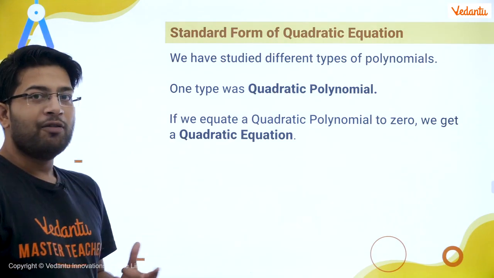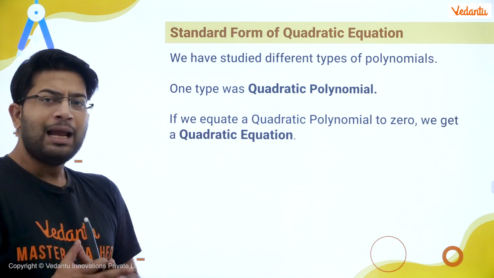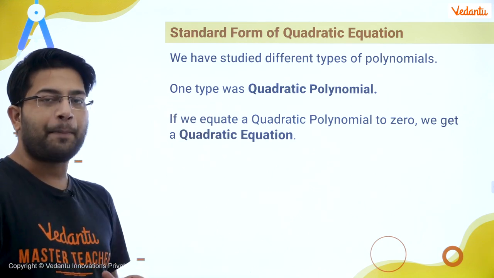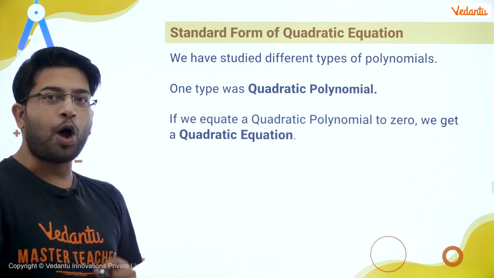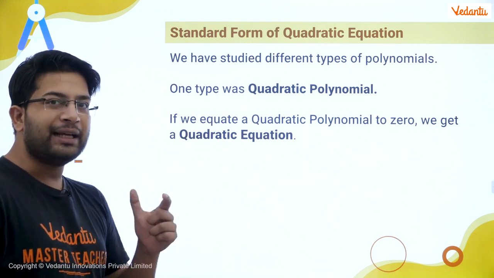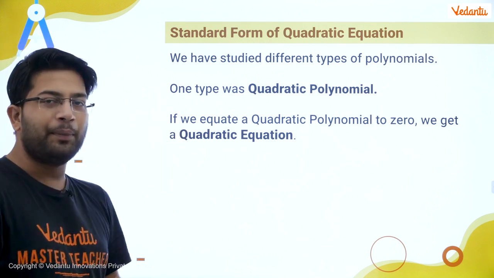First of all, we have already discussed what polynomials are, and when we were defining the polynomials on the basis of their degree, we saw that if the polynomial has degree 2, then it is a quadratic polynomial.